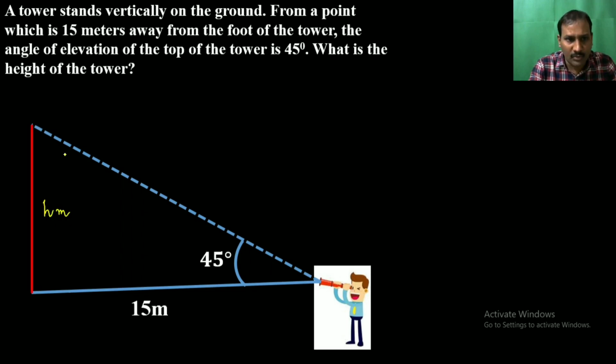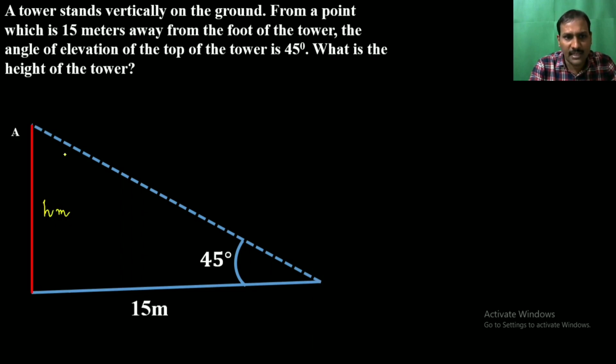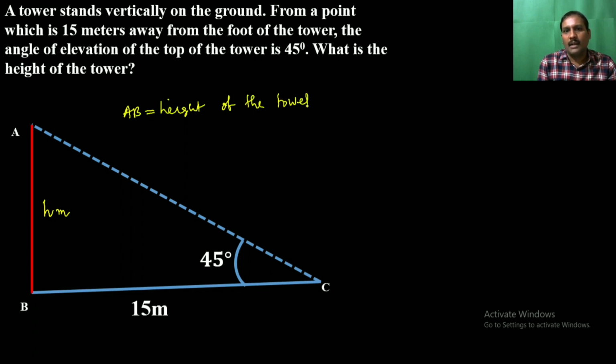So now let us remove the pictures. Let us write ABC. So here AB is clearly the height of the tower. Let AB be equal to h meters.